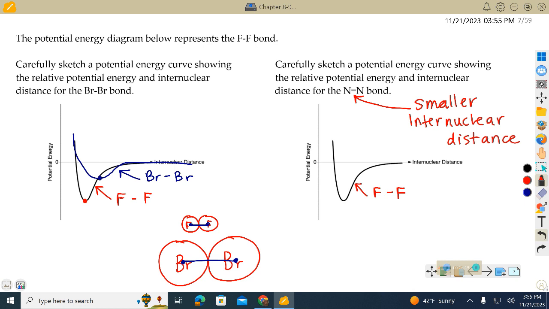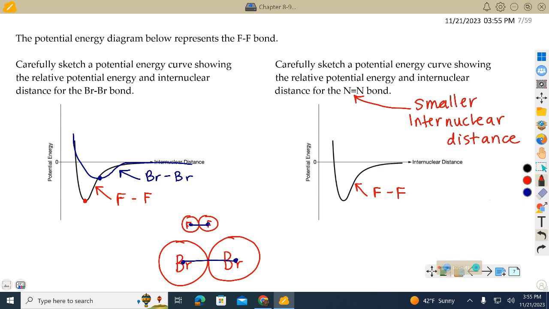So it wouldn't be fair of us to sketch a graph where they're changing too many variables all at once. And maybe they could show me the graph, but here I'm really looking at, in the first graph, the distance versus potential energy when I've got different sized atoms. And in the second, I'm looking at the effect of that triple bond versus a single.